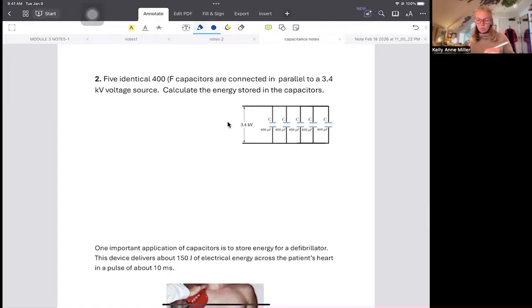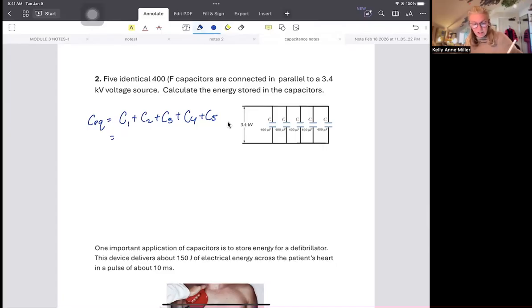We know from the second video that for the equivalent capacitance, when you've got capacitors in parallel, you just add them together. So we would have C1 plus C2 plus C3 plus C4 plus C5. That is how we would calculate the equivalent capacitance of 5 capacitors connected in parallel.